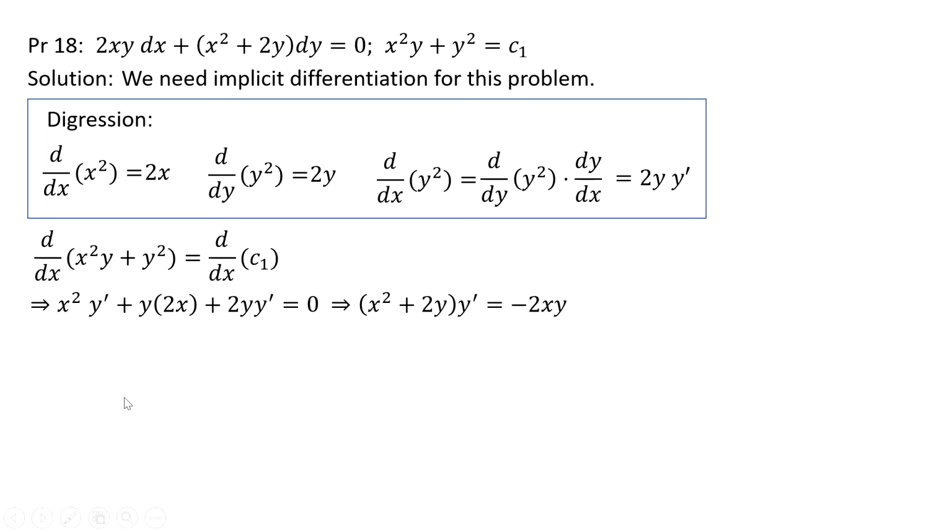For that, factor out a y prime from the first and the third terms. You get this, and subtract 2xy from both sides, so that you have y prime stuff on the left hand side and the terms that do not have a y prime on the right hand side. Now divide both sides by x squared plus 2y, and you get y prime to be negative 2xy over x squared plus 2y.